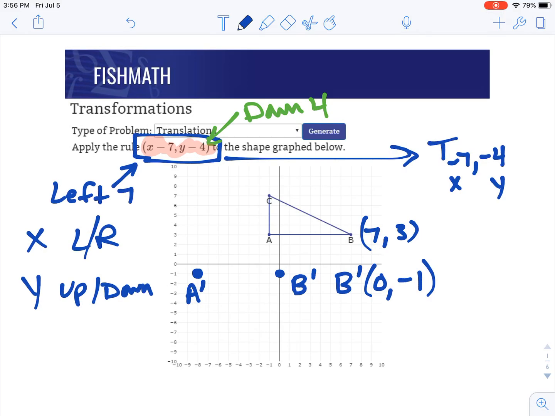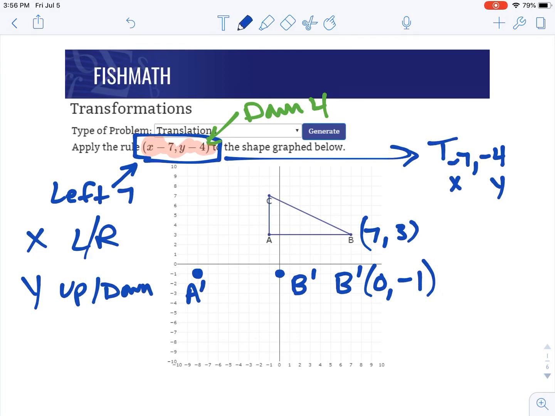And then lastly, same thing for C. I'm going to kind of cheat a little bit here. If you look at A and C, when we do a translation like any other rigid motion transformation, that means that they're going to be the same size. The shape itself is not going to change size. It's going to be in a new position. So it's going to be slid around here for a translation. So if the original AC is 4, that means that A prime C prime is also going to be 4.